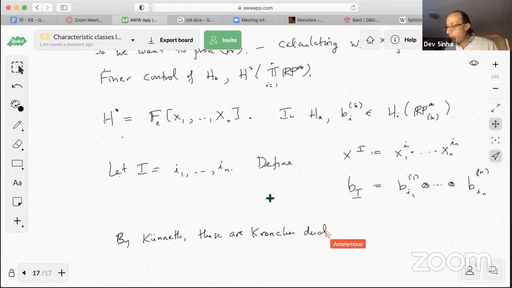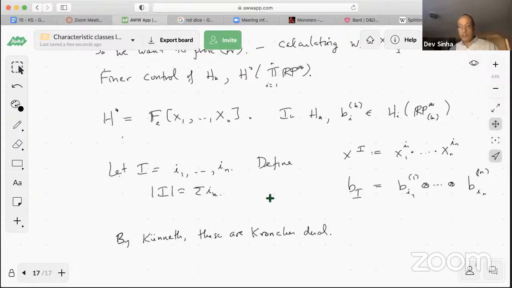So if I want to understand any homology class, I can evaluate x^I on it as I vary over things with the right degree. That's the right total degree, just the sum of these indices.